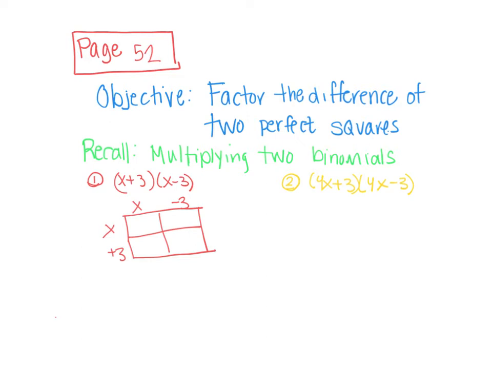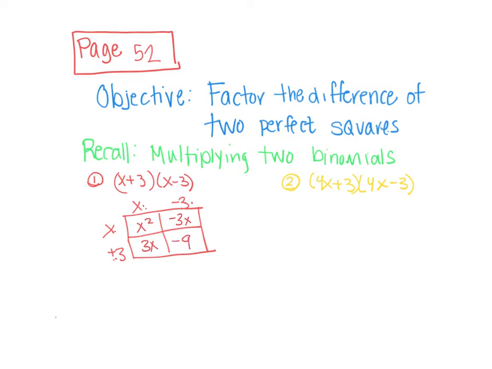Okay, so when I go to multiply, I take and say that this x times x would get me x squared. X times negative 3 is negative 3x. 3 times x is a positive 3x. 3 times a negative 3 is a negative 9.